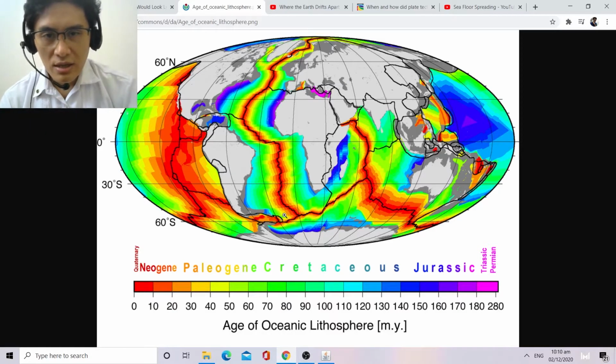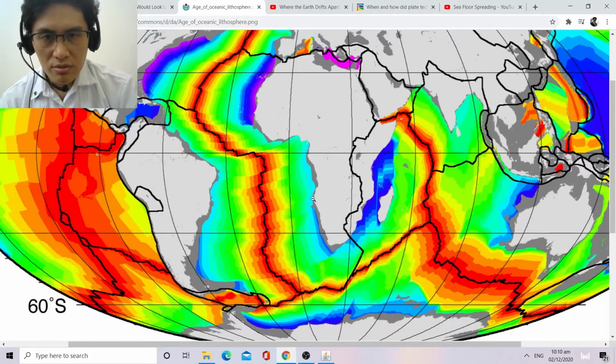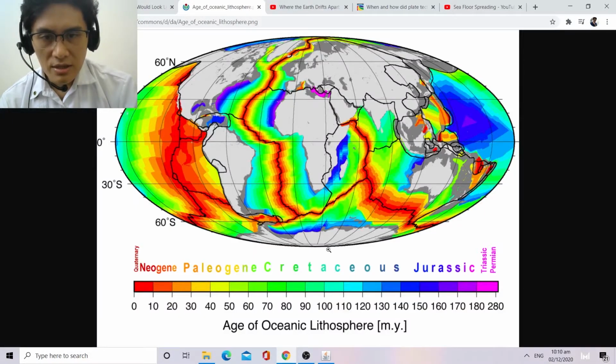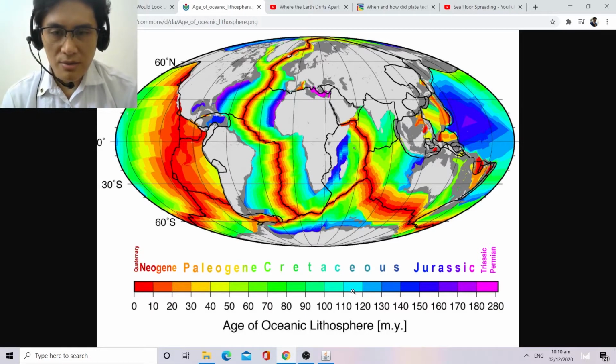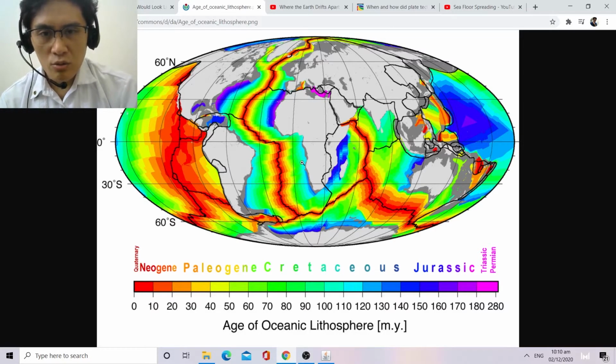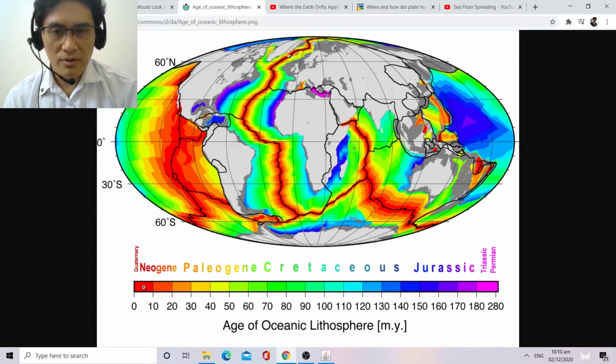So if you look near the continental shelf here, that's colored light blue. That light blue is now 110, 120 million years old, compared to the center where it's 0 to 10 million years old. Okay? So rocks at the center of ridges are younger.